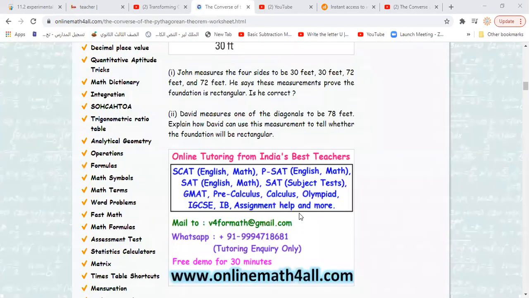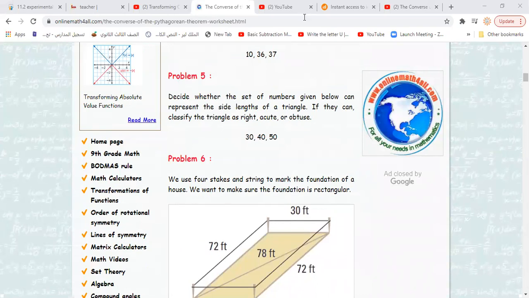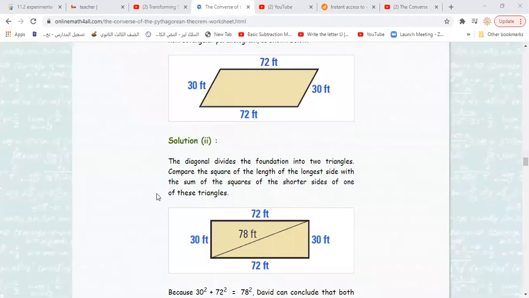Miss, I have a question. If we want to prove that this figure is a rectangular shape, we have to find the length of the diagonal, and he gave it to us already in the question. It was 78. The diagonal divided the foundation into two triangles.